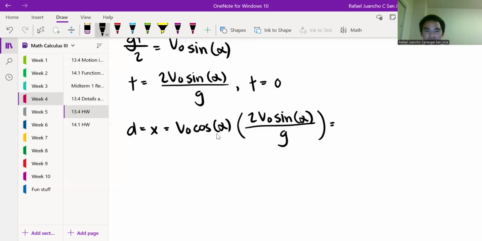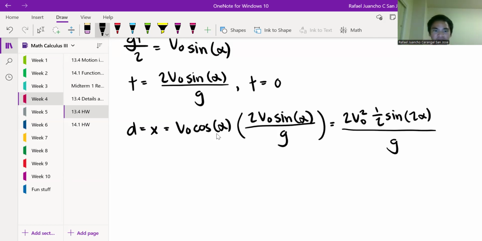So I did do V naught squared because I have two V naughts here, and I did cosine alpha times sine alpha, and we talked about that before. We got 1/2 sine 2 alpha over g.